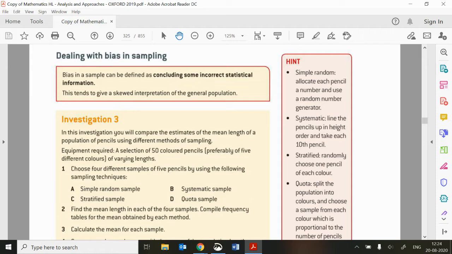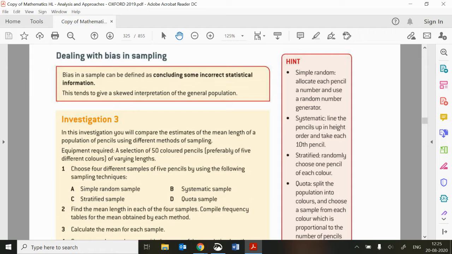Maybe we've chosen to sample, for example, we're trying to find out how much homework people do, and we're in a really great, hardworking mathematics group, and we ask everyone in our group how much homework they do, and we use that to reflect how much homework people do in the general population in your year group.